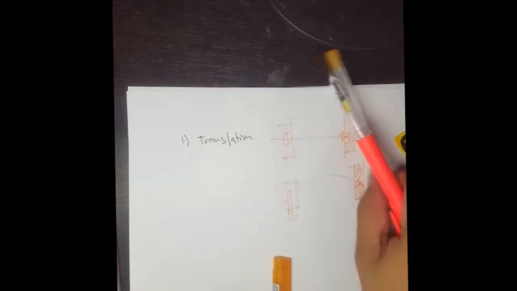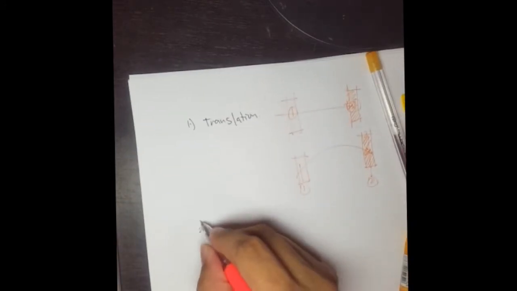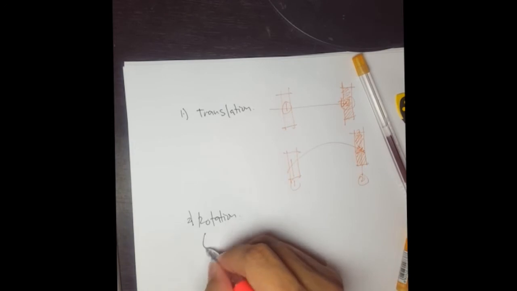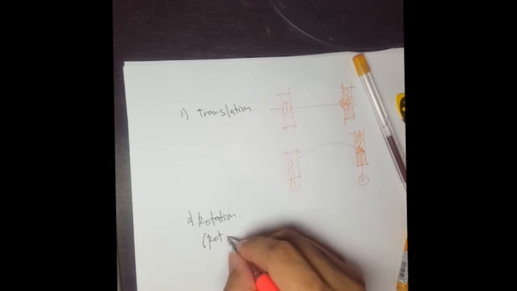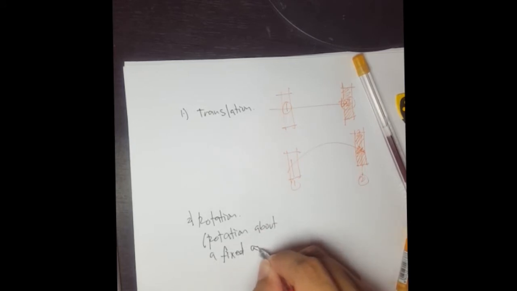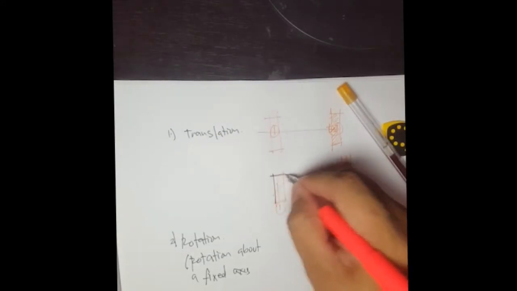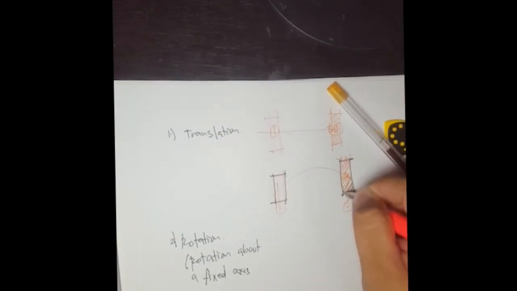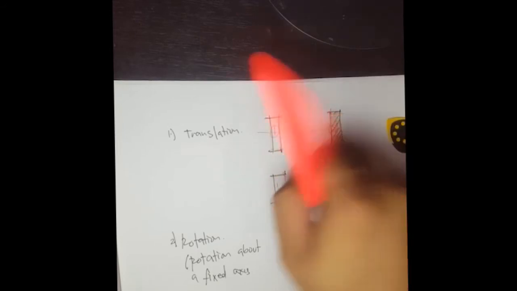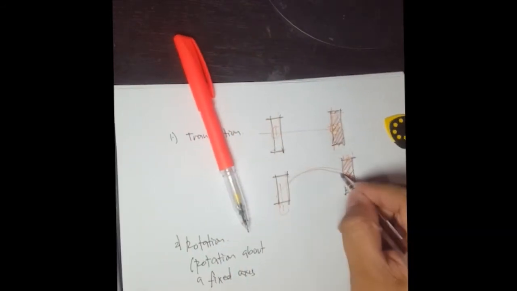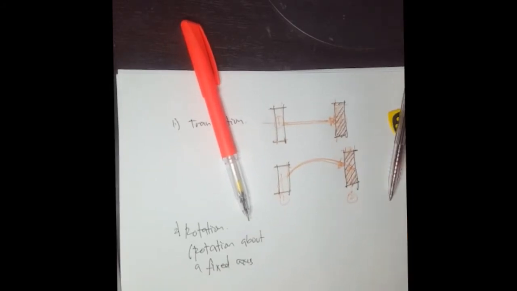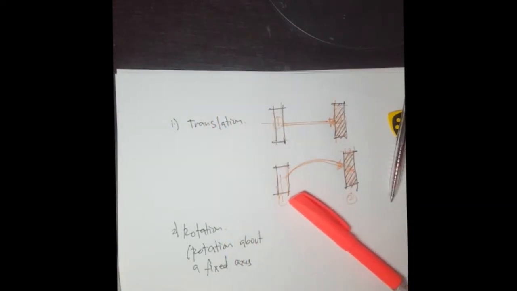Right, so another motion is the rotation, or rotation about a fixed axis. For this one, it's rotating about a fixed axis.